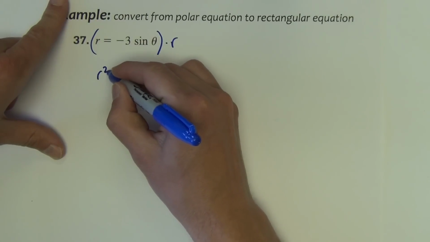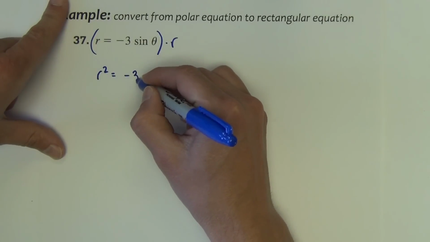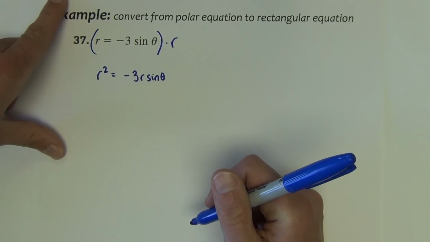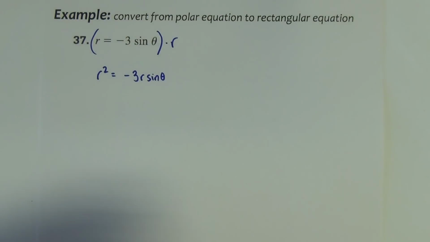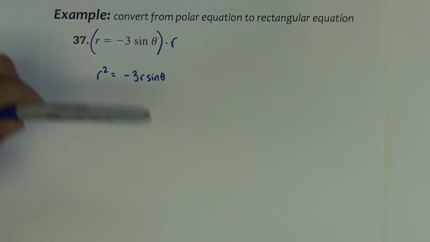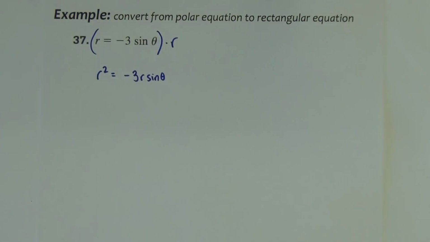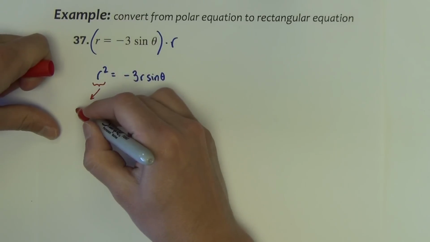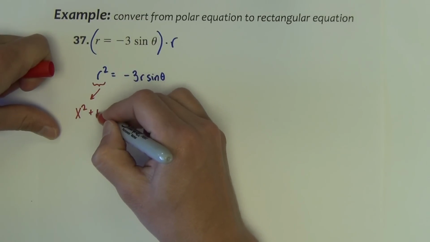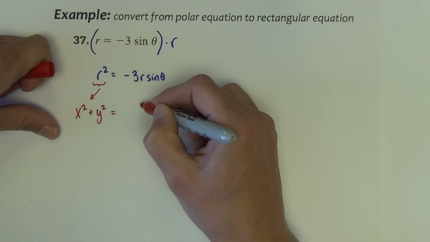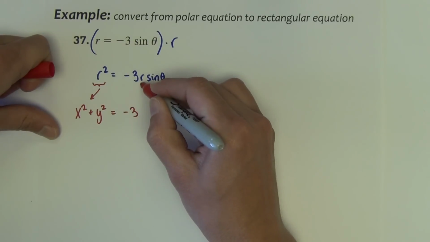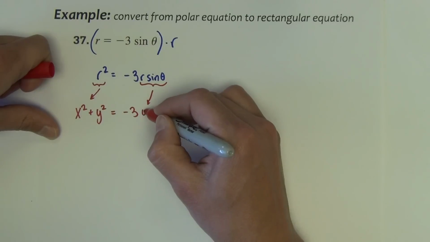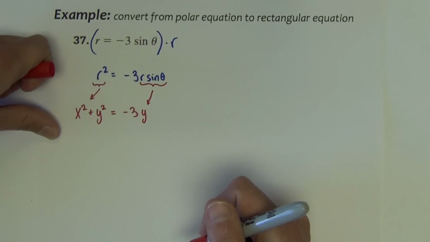That would result in r squared equals -3r sine theta. And now we're going to use some conversion formulas that we had previously been using with points. r squared is equal to x squared plus y squared. r sine theta is equal to y.